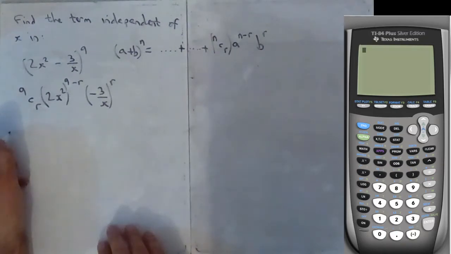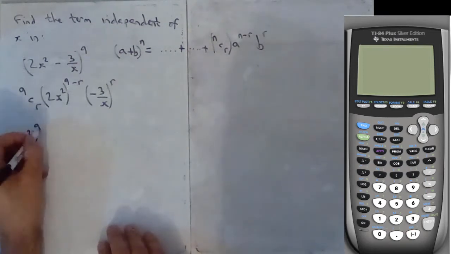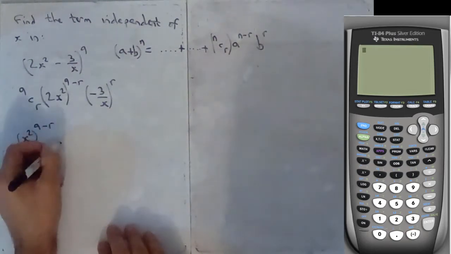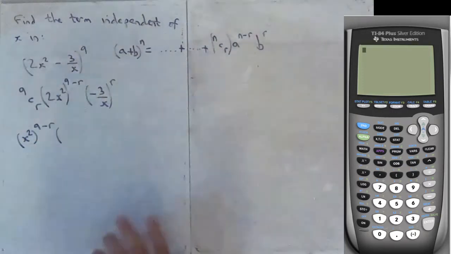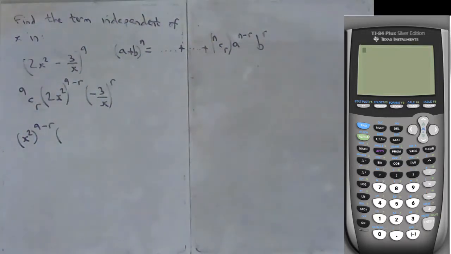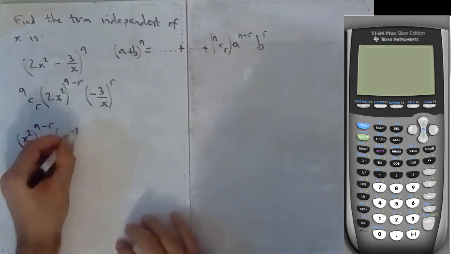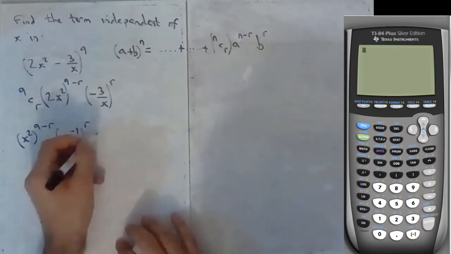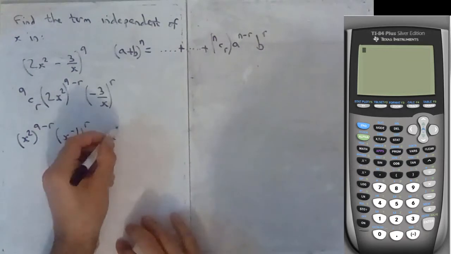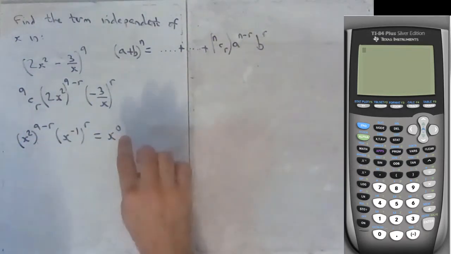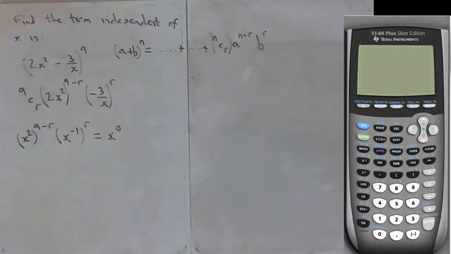So for the term independent of x, we have our x squared to the power 9 minus r times, remember I'm ignoring the minus 3, so I'm treating that as a 1 over x. If it's a 1 over x, it can be x to the power minus 1 to some power r, and that needs to equal x to the power 0, as in a number, so x to the power 0 being 1.